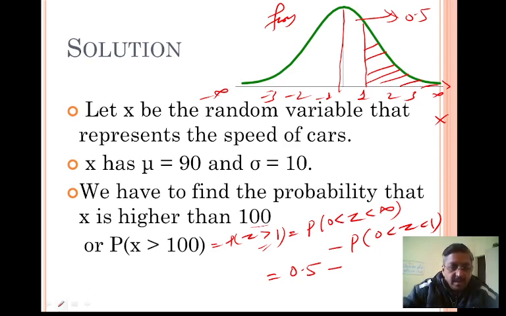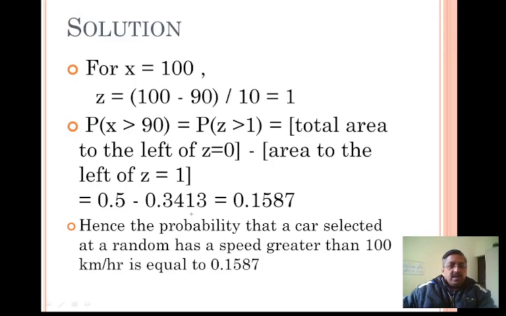So 0.5 minus 0.3413, a subtraction of this will give the final answer, right? That is 0.1587, and 0.1587 is the ratio.